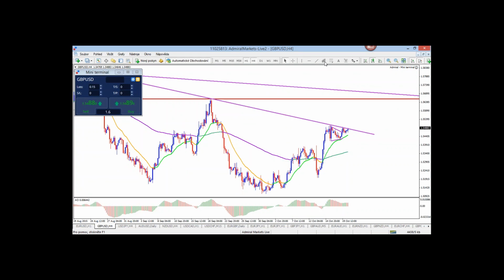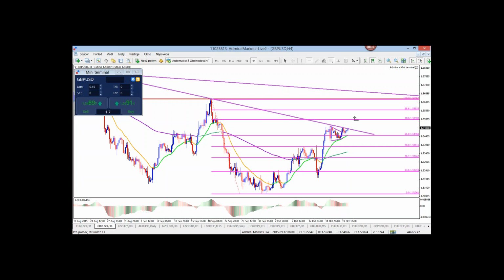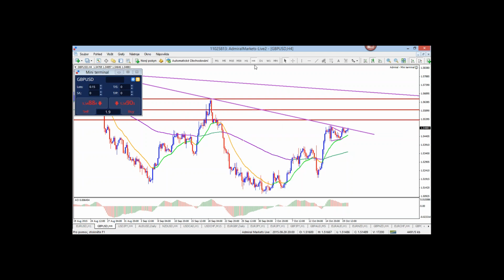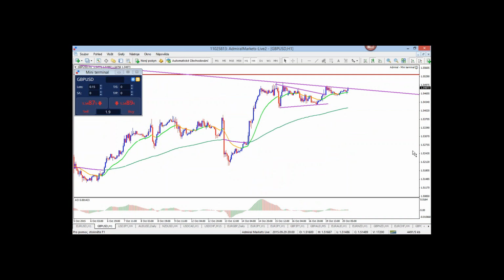Now I forgot what the targets are. One second. Let me put a line at the 78.6 fib and the 88.6 fib. Good. All right, so what space is there?